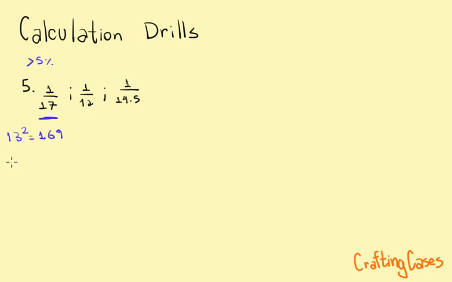So I'm going to turn this into 1 over 1.3 times 1 over 1.3 times 1 over 10. Because this would lead me to 1 over 16.9, which is close enough.